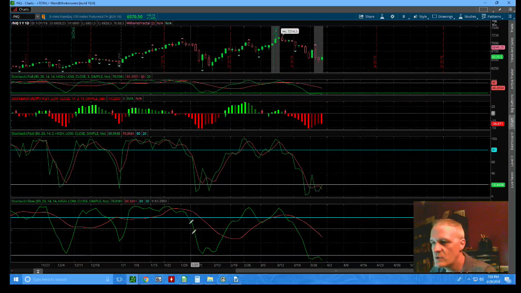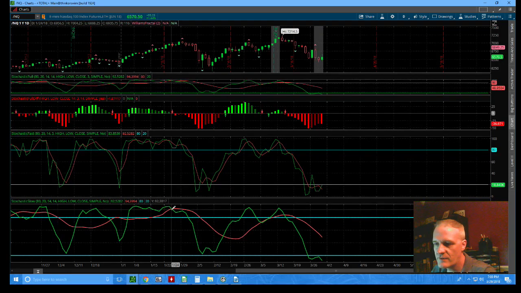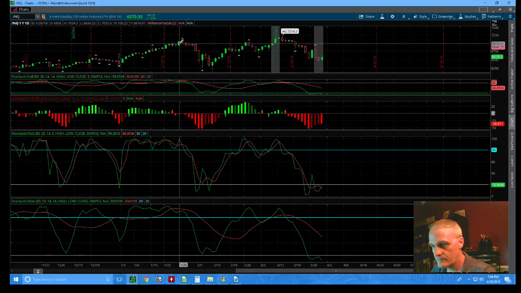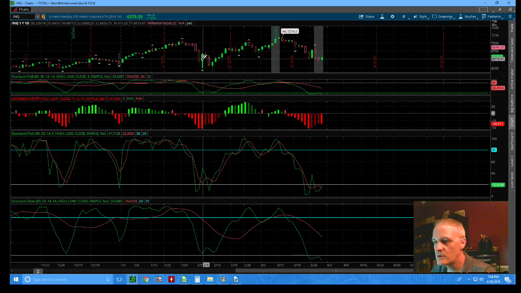Okay, so that's one of the disadvantages of the fast stochastic. If you were using your slow stochastic, you wouldn't have done that. You would have still gotten this downward signal here. In fact, you would have gotten the downward signal a little bit earlier. You would have gone short. It would have looked like maybe you're going to get stopped out, but then it continues downward.